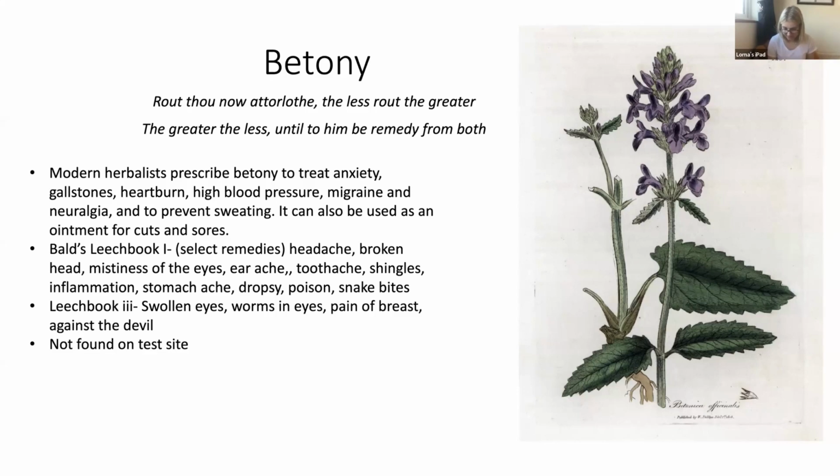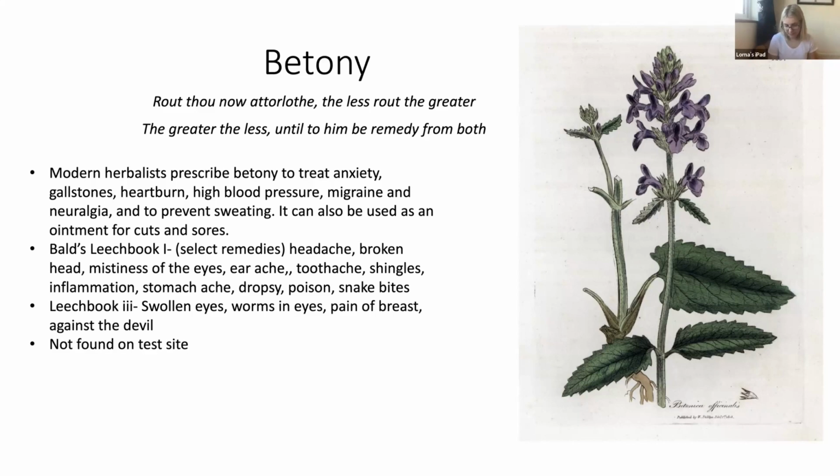The uses in Leech Book 3 include a charm against the devil, pain in shoulders, a drink against the devil, against the temptations of the devil, being overlooked, yellow disease, swollen eyes, and something called wood heart as well. So that was quite interesting.